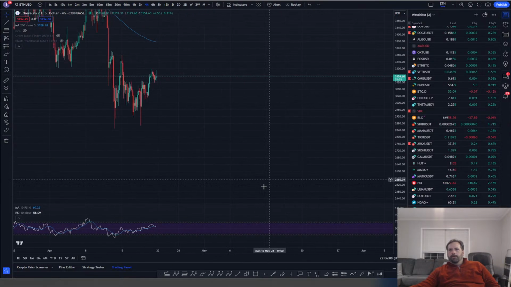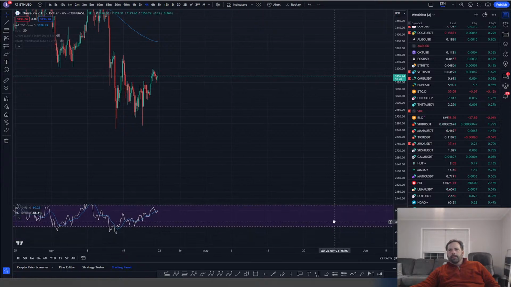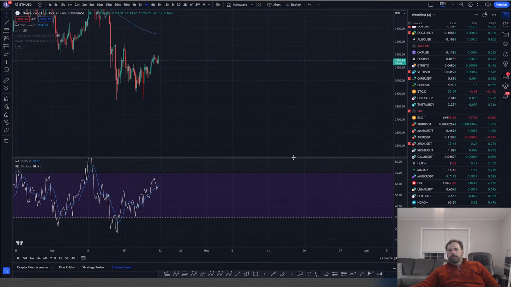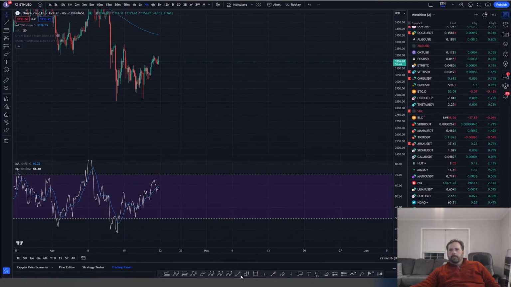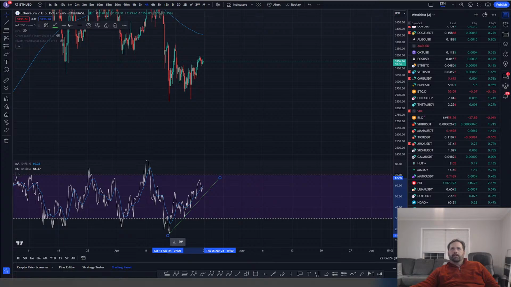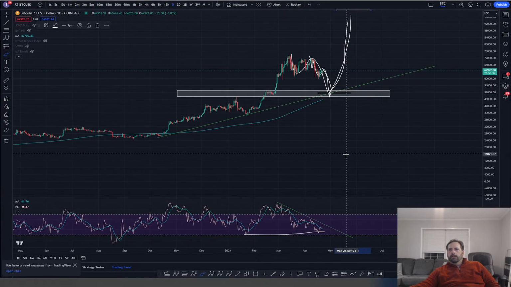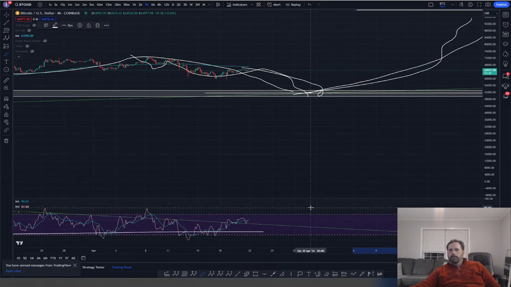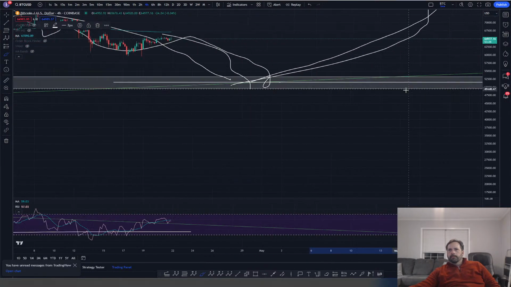On the 4 hour, it's not broken like Bitcoin has broken. On the 4 hour, I think Bitcoin was broken, right? But this is holding strong. Let's check Bitcoin again on the 4 hour. Yeah. Look at that.